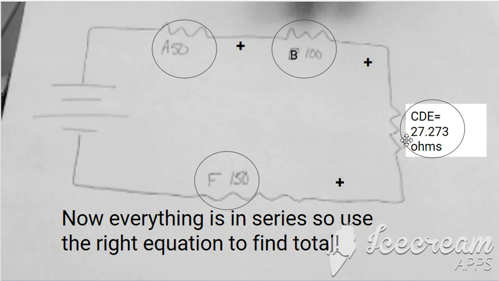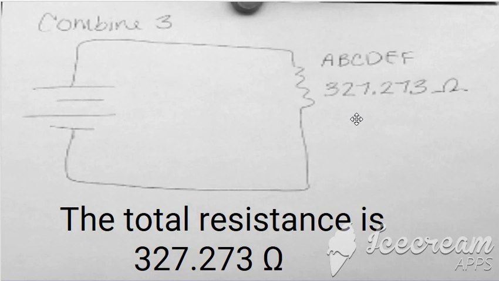Then everything left here, everything circled, can all be added together as it is in series with each other. Once those are all added together, you get 327.273 ohms, and that is your total resistance of this combined circuit.